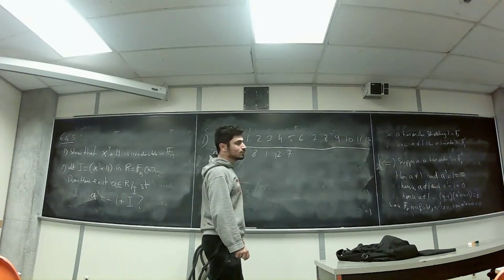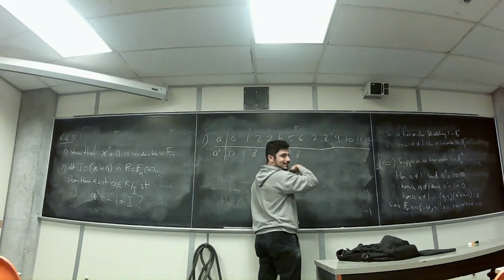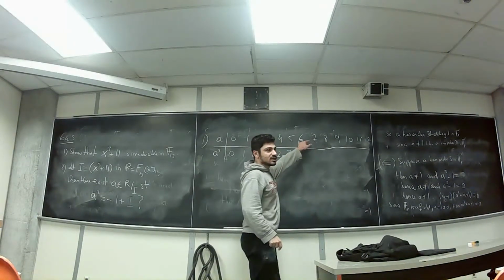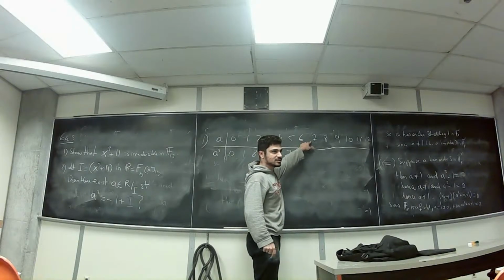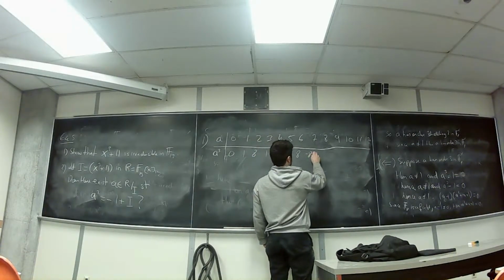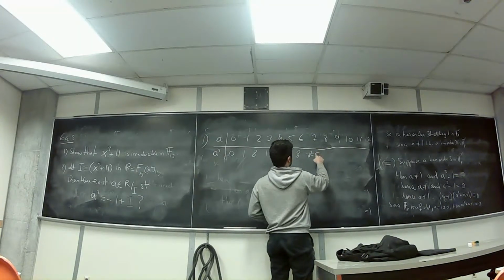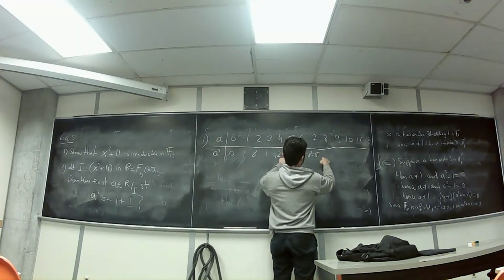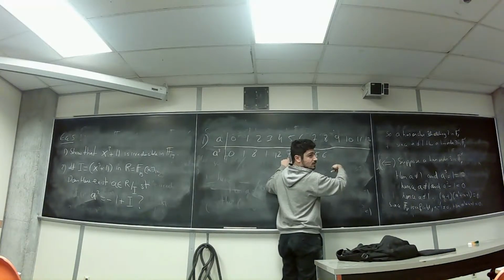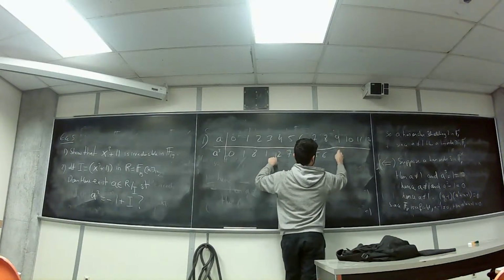6 cubed, what is 6 cubed? 8. What is 7 cubed? 7 and 6 is 13, so 7 is minus 6. When you cube it, you get minus 8, which is 5. 8 cubed is 6, right? 9 cubed, what is 9 cubed? 9 and 4, so this is 1.